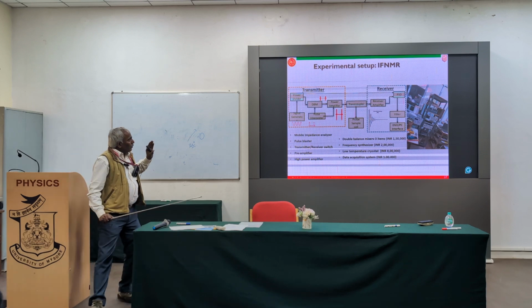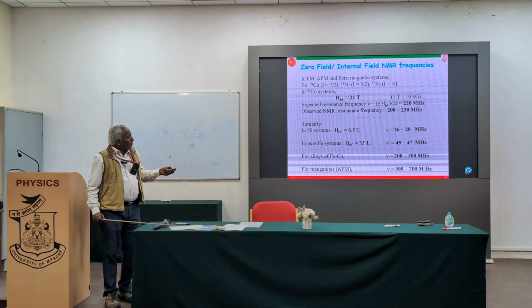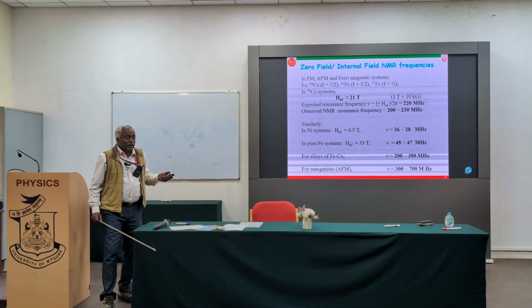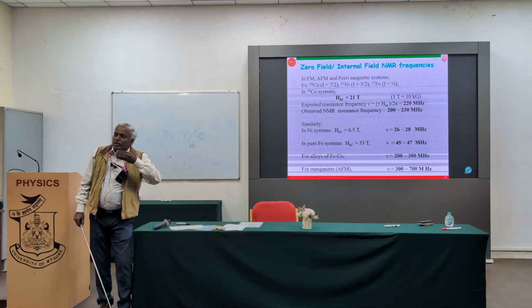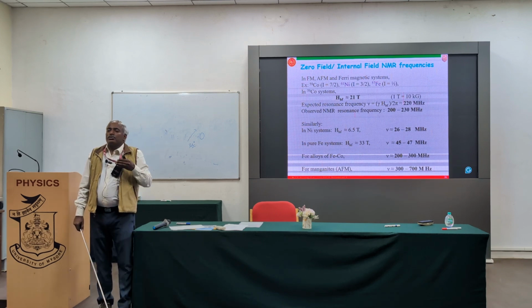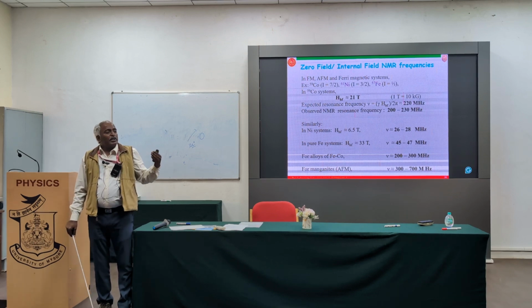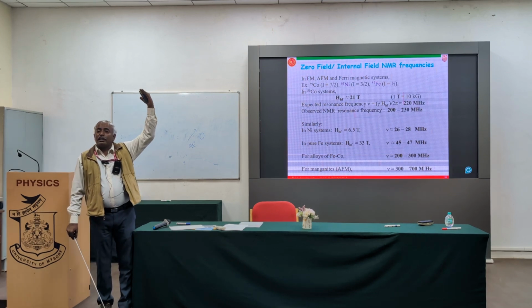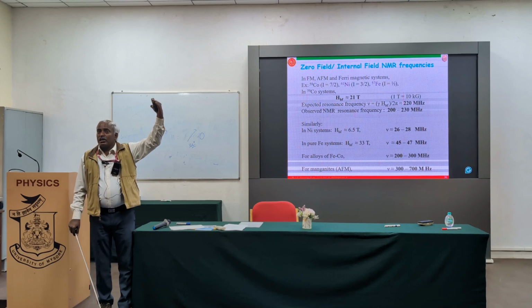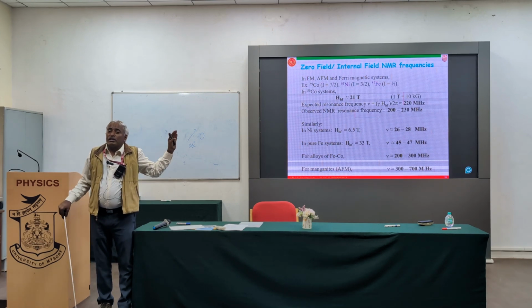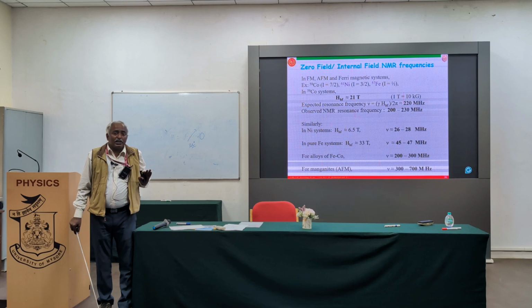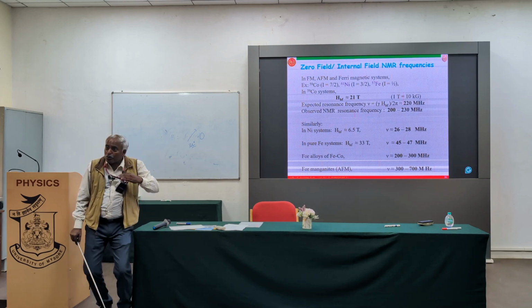If you had carefully looked at my earlier slide, if the operation frequency is low, I have no information. All high resolution spectrometers work at 900 megahertz, 800 megahertz. That is of no use for this kind of dynamics measurement. If I want to do dynamics measurements, I have to go down.